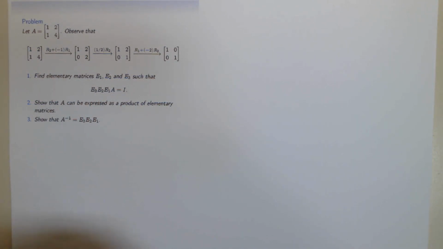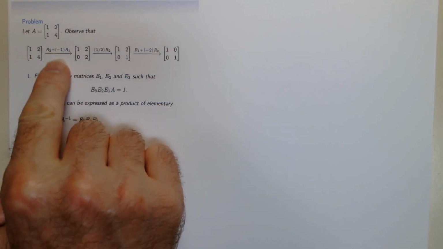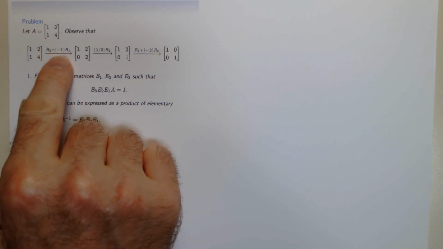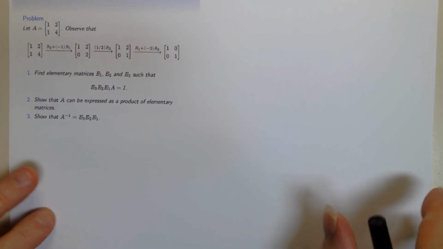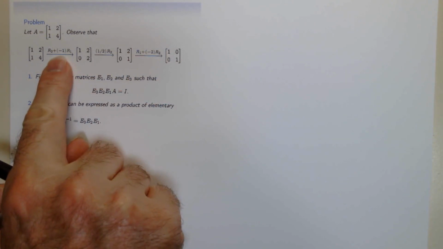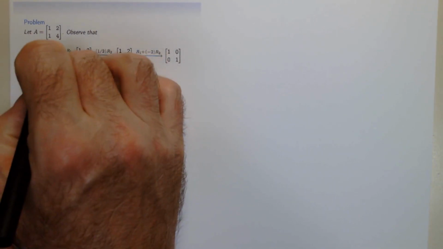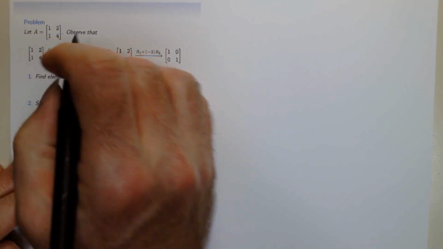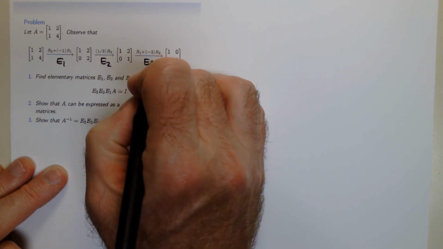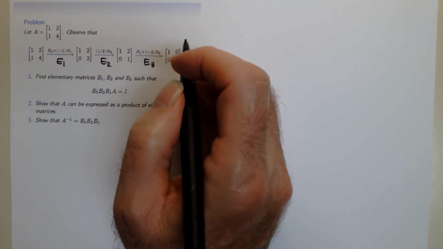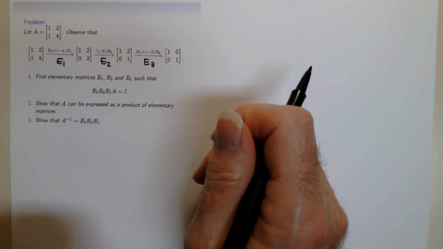Now, what we know is that there's going to be an elementary matrix that has this effect by multiplication on the left. So let's think of this as there's an elementary matrix associated with this row operation. Let's call this matrix E1. We'll call this matrix E2, and we'll call this matrix E3, or the corresponding matrix. So we'll call those E1, E2, and E3.